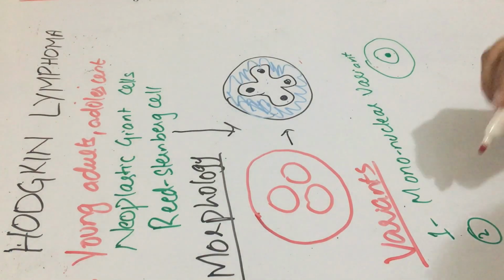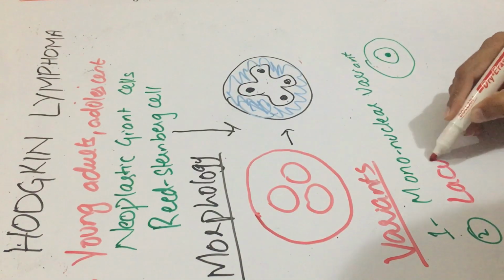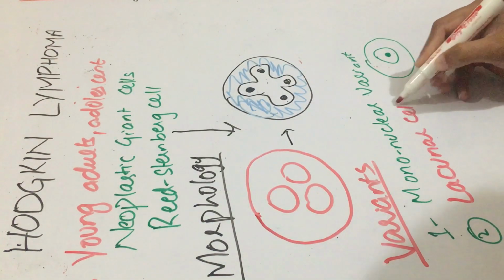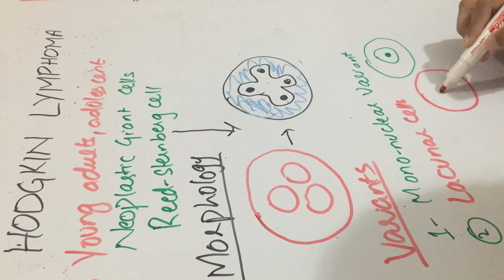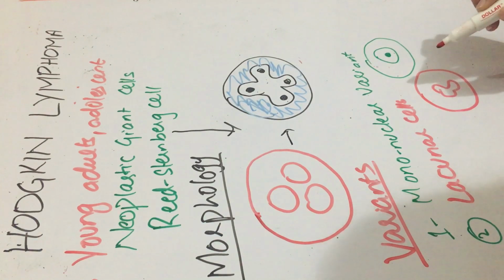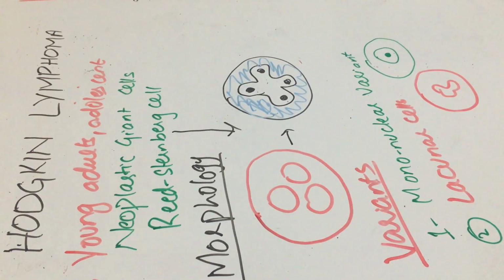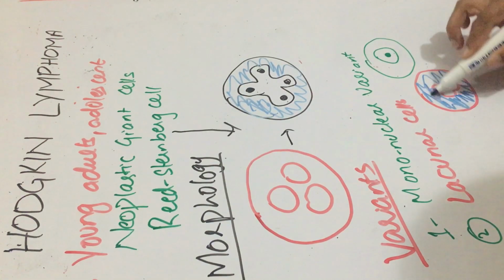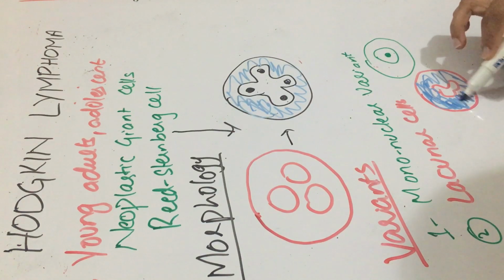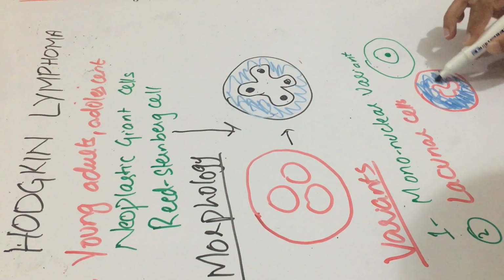The second is the lacunar variant, or lacunar cells. These lacunar cells have a folded nucleus and abundant pale cytoplasm, and this cytoplasm is washed off during the staining process and sectioning.